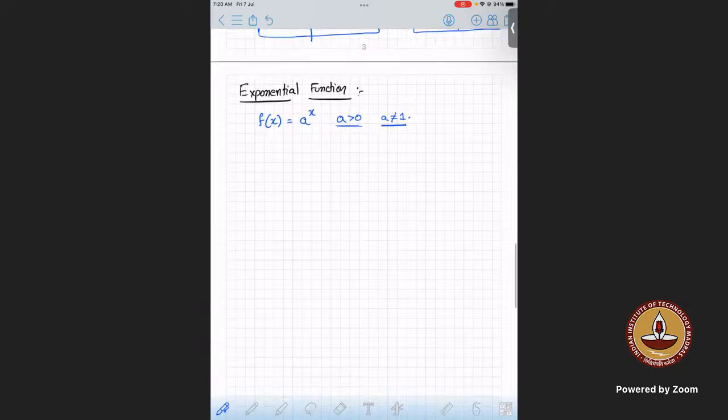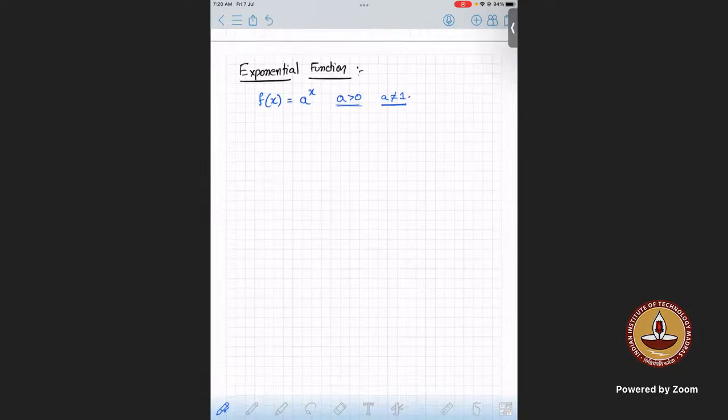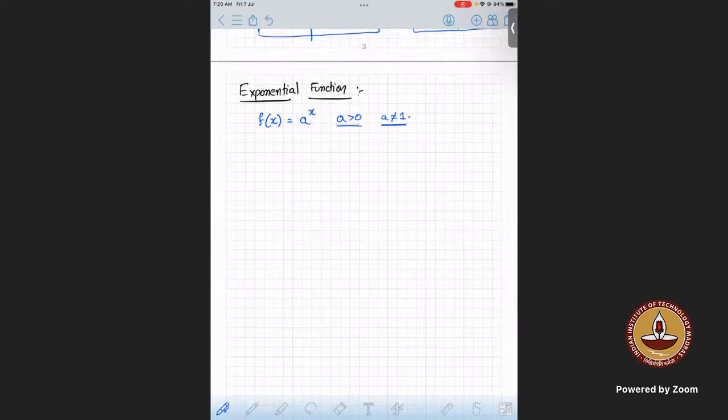You will get to know when you learn about logarithms.